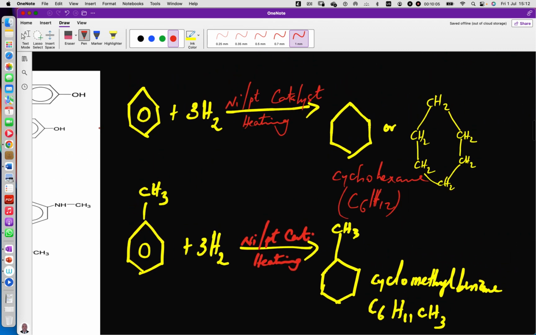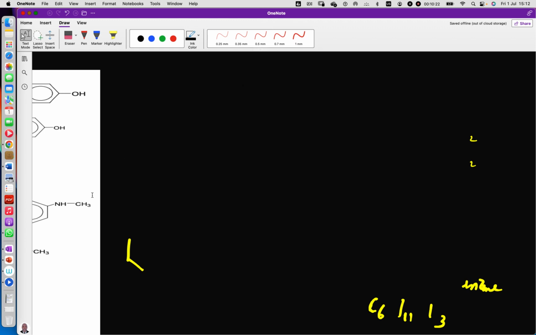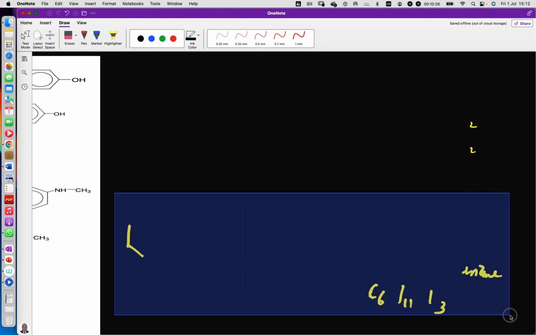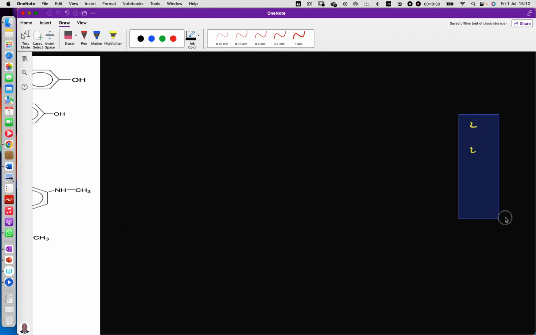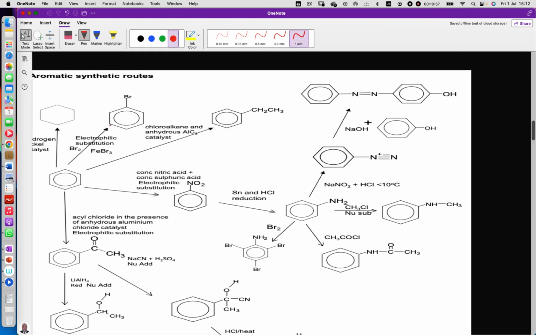Let's see how we can produce bromobenzene from benzene. How are we going to do this?